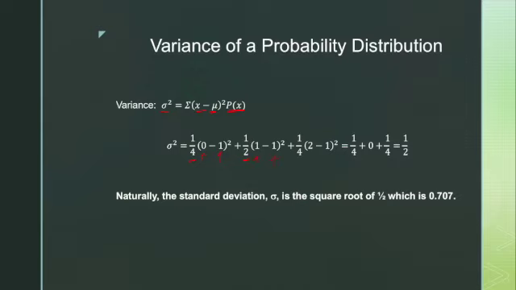For getting 1 head, 1 minus the mean of 1, squared, and we multiply that by 1/2. For getting 2 heads, 2 minus our mean, squared, times 1/4. That would give us a sum of 1/2. Now, our standard deviation is the square root of 1/2, which is 0.707.